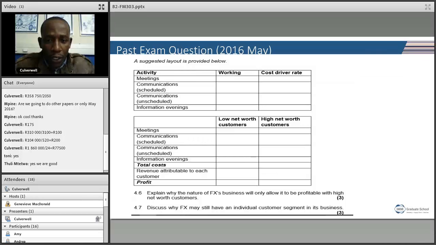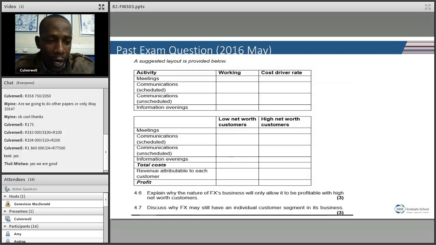I'll then move on to meetings. We want to allocate costs which are indirect costs to low net worth customers and high net worth customers.